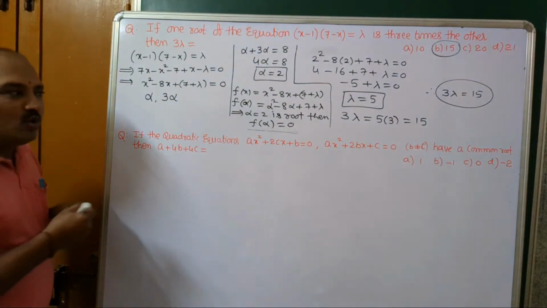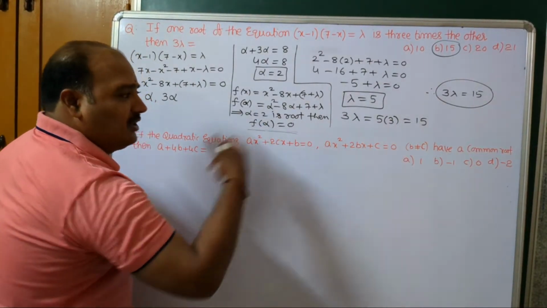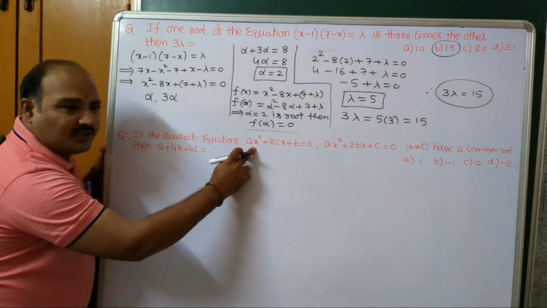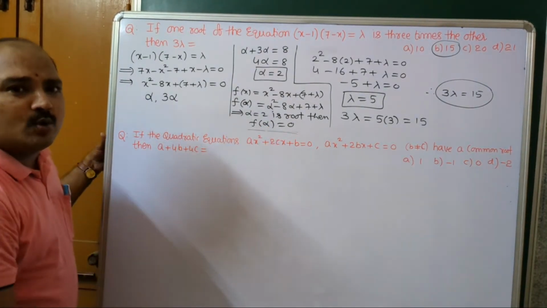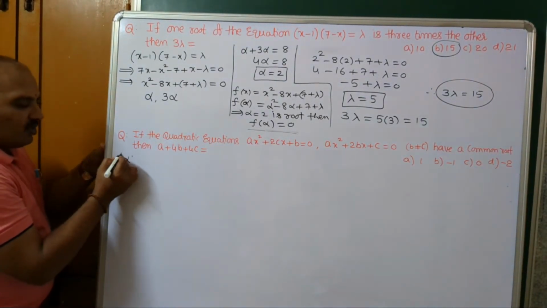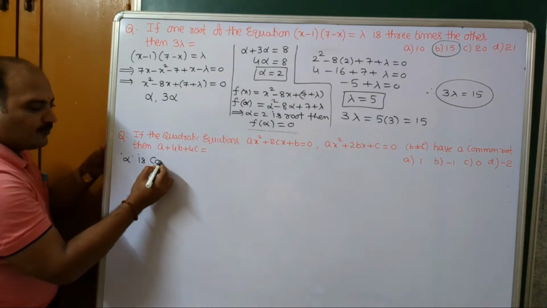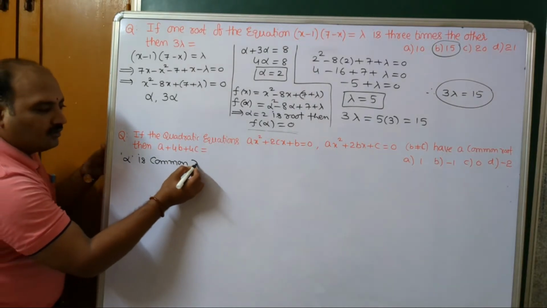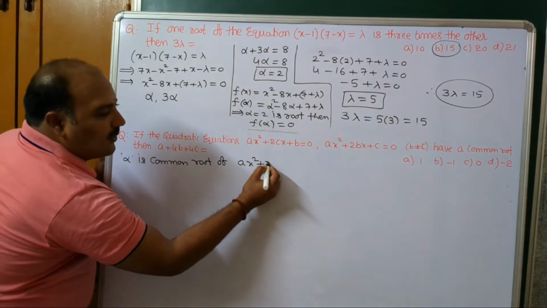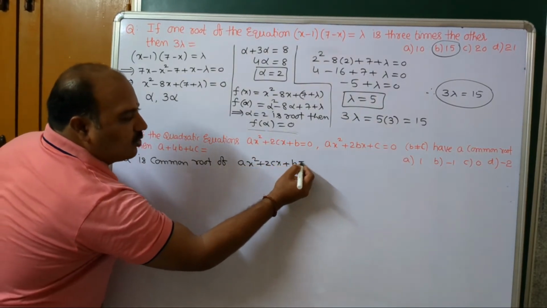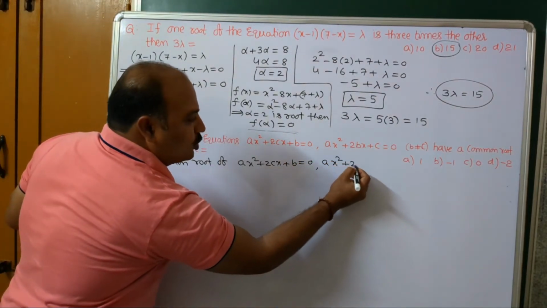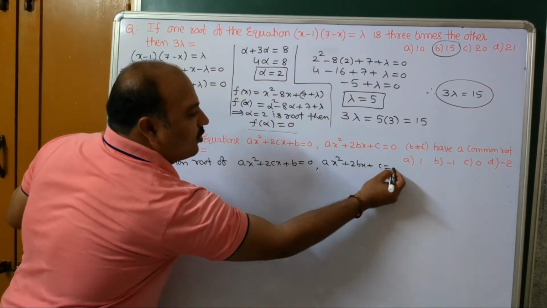Let the common root be alpha. Alpha is the common root of ax square plus 2cx plus b equal to 0 and ax square plus 2bx plus c equal to 0.